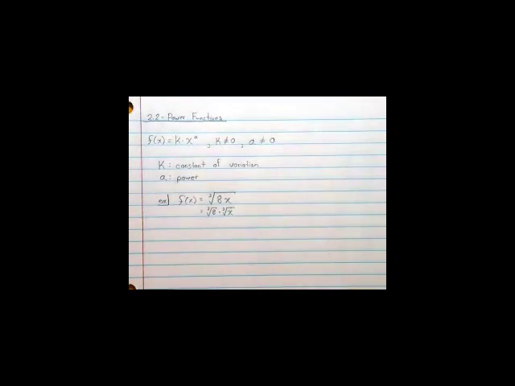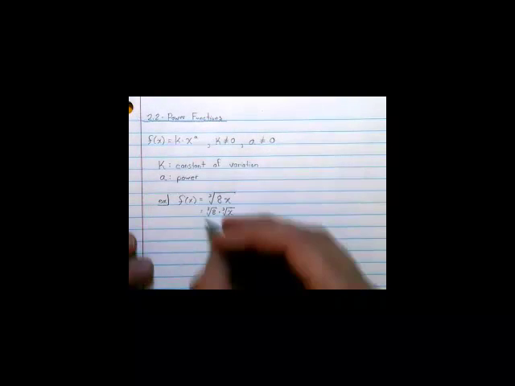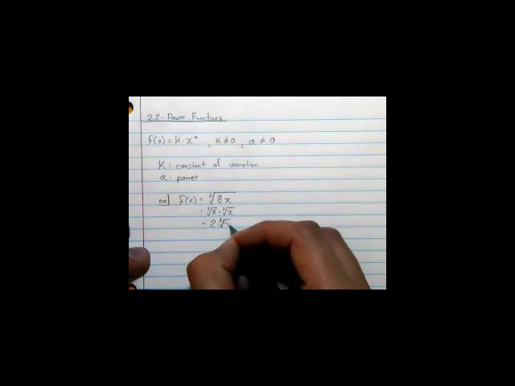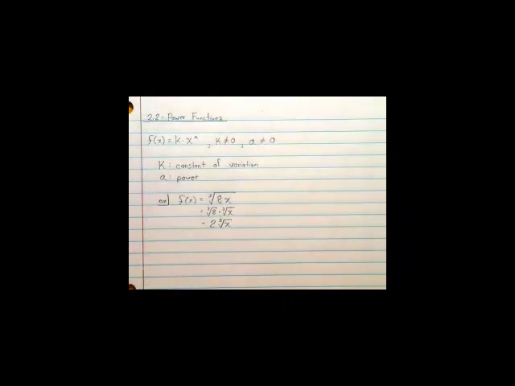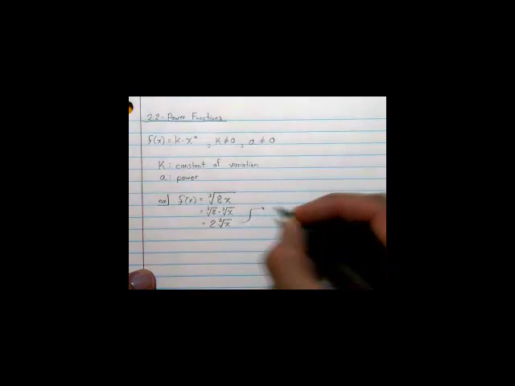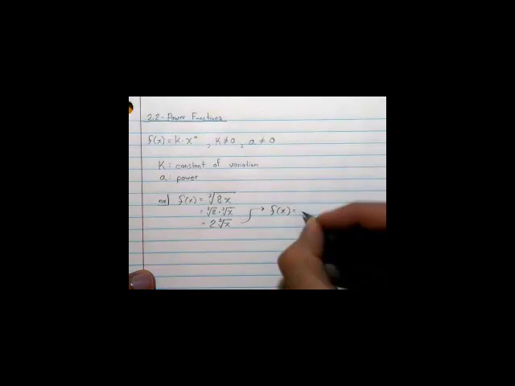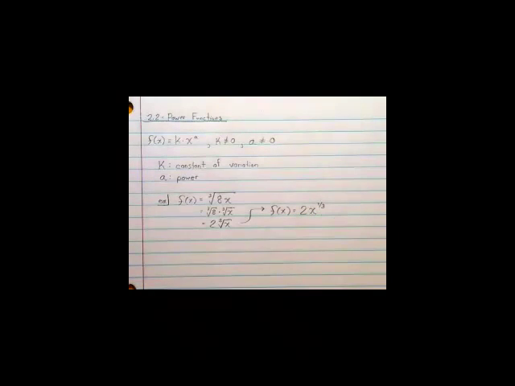Okay, what is the cube root of 8? 2. So I've got 2 cube root of x, but instead of writing it as the cube root of x, I can change that into a fraction, right? And what is the fractional power that goes with the cube root? 1/3. So then what I actually have here for this one is f of x equals 2x to the 1/3.